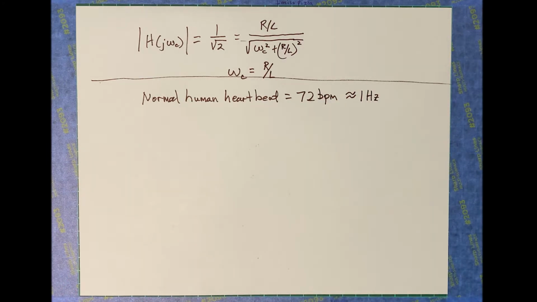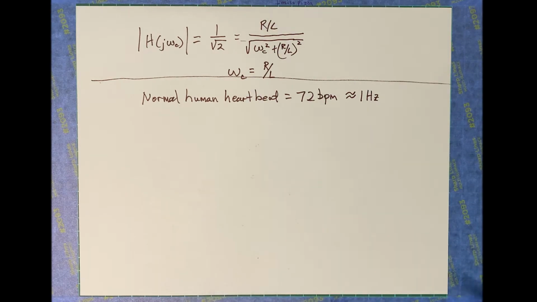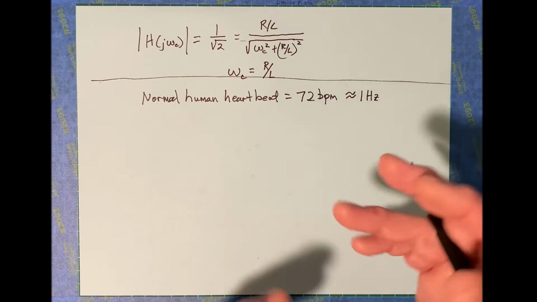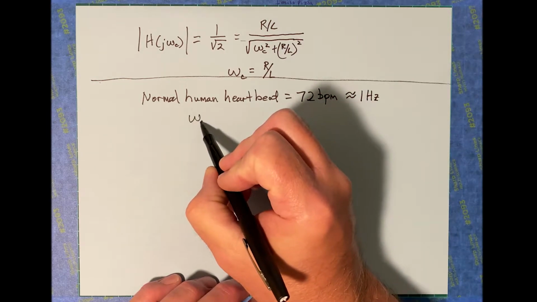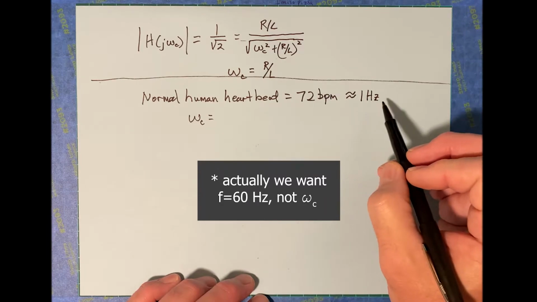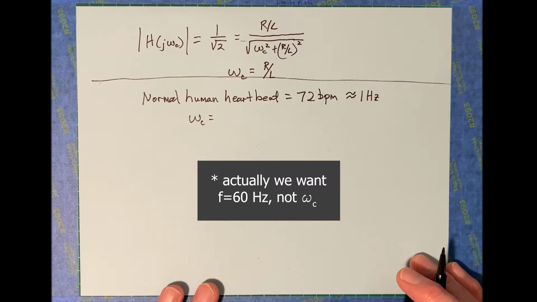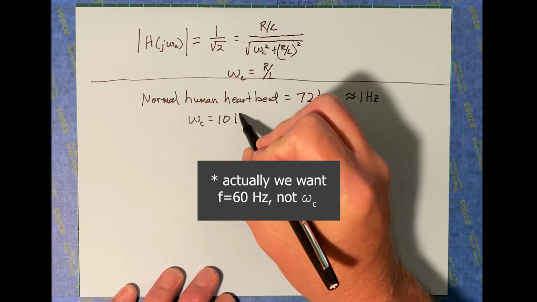What we want to do then is design a filter for an electrocardiograph that needs to detect that frequency. So let's design a filter with a cutoff frequency somewhere above this. We want to allow for a range of heartbeats, so let's say 10 hertz.